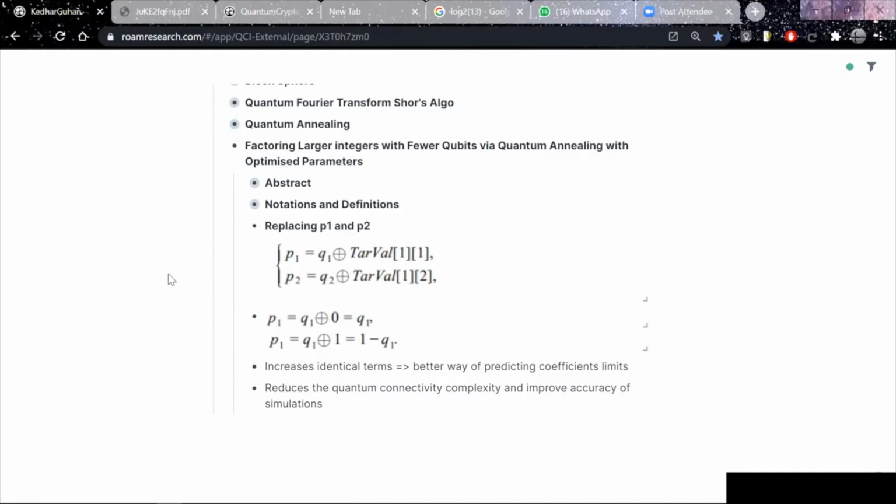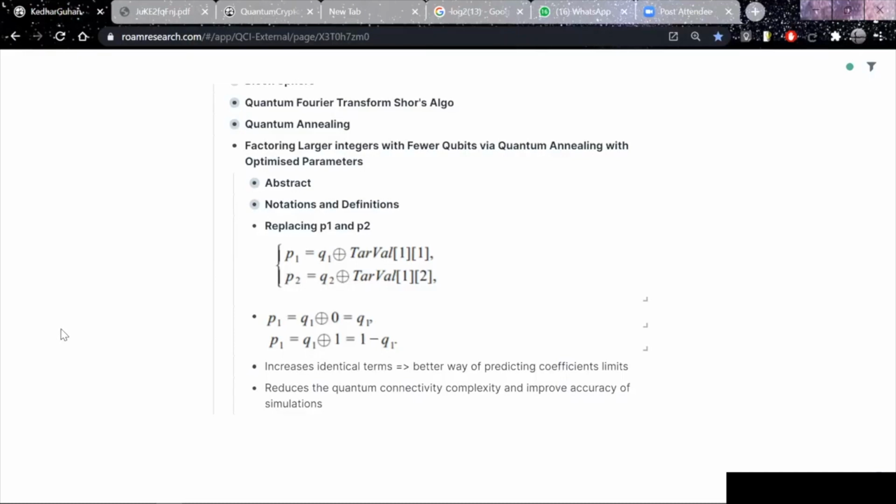So the P1 and P2 bits of the smaller integer are being replaced by this, and if target value 1 1 is 0, then we would have P1 as nothing but Q1. If we have target value as 1, then anything XORed with 1 is the complement of that, the negation of that. So we would have P1 as 1 minus Q, depending on the problem.